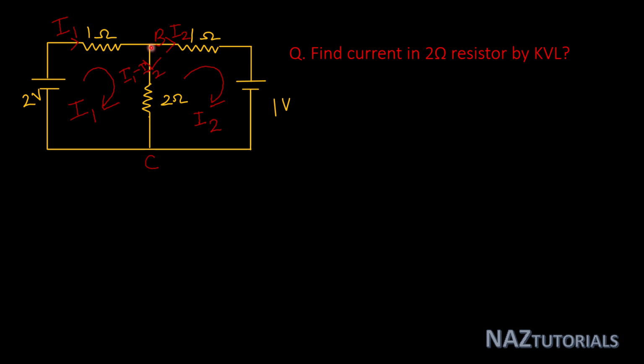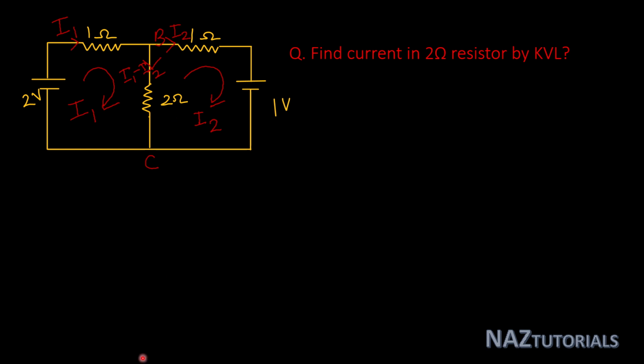If we fix the direction B to C, then the current will be I1 minus I2. If we fix the direction C to B, then the current will be I2 minus I1. So we have options to decide a current direction if there are two different directions of current flowing in a circuit element.